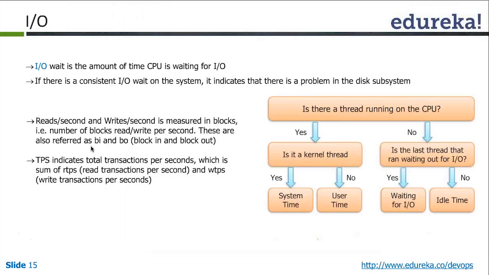So IOPS indicates how many transactions I can do on a disk in 1 second. When I say 180 IOPS, it means I can only do 180 transactions. That is the meaning of it.